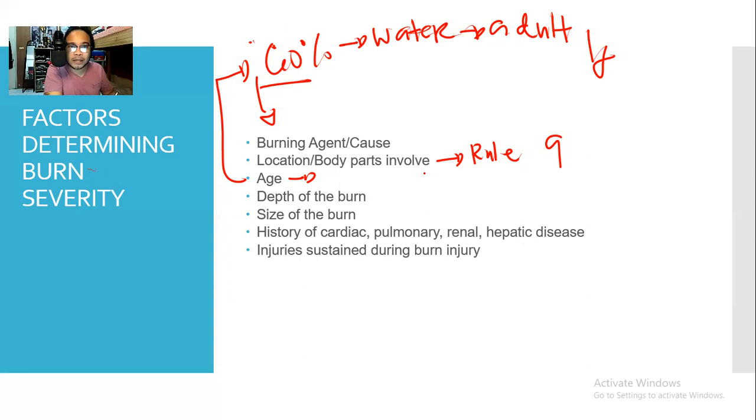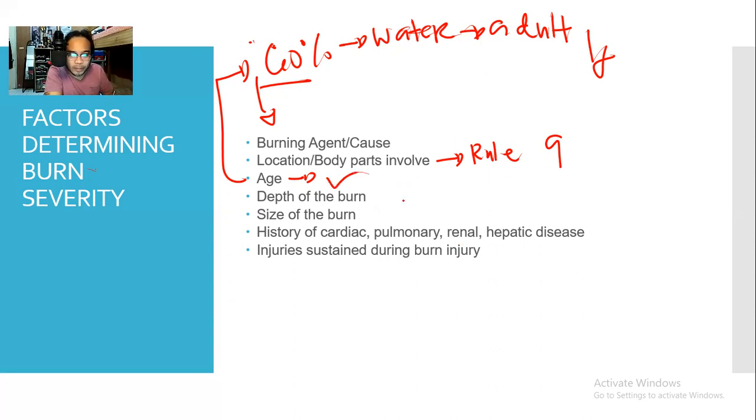That means a child will lose more water compared to an adult who experienced burn as well, if they have the same TBSA. If you compare, for example, 15% TBSA of an adult and 15% TBSA of a child, the child loses more water because of their higher water content. So that explains age.